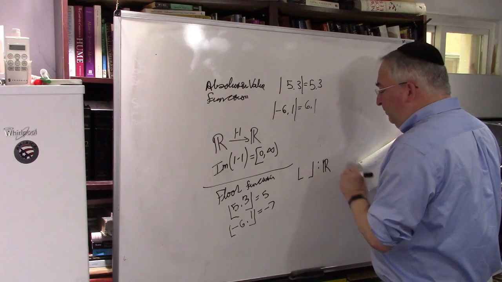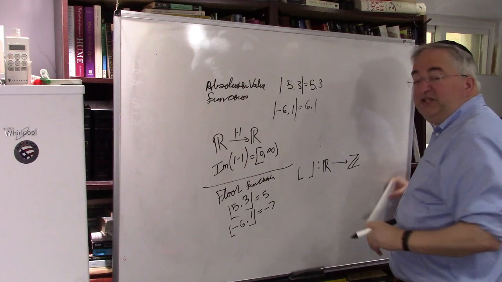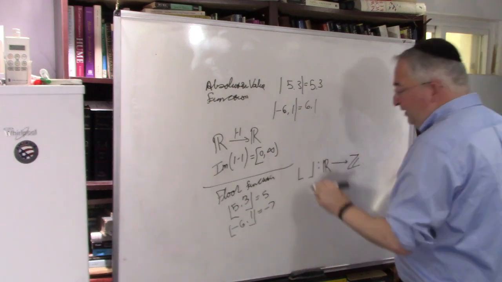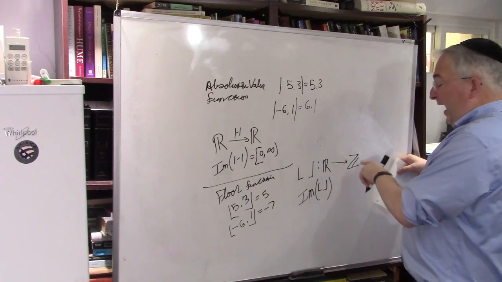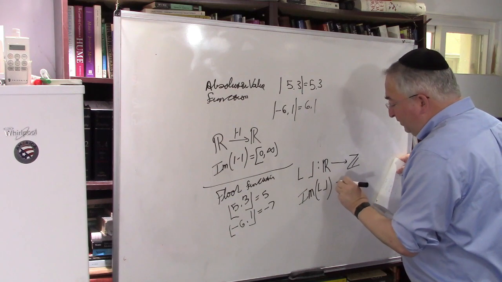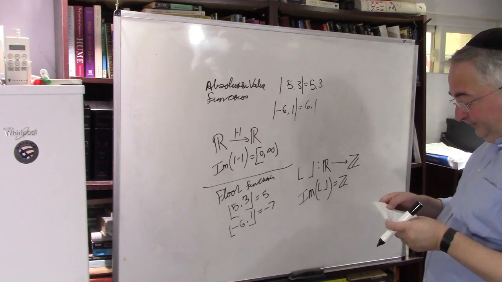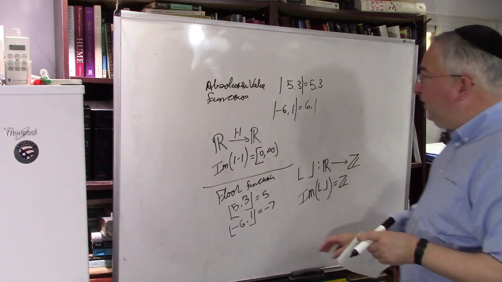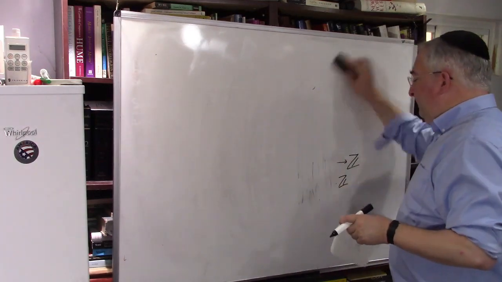It takes any real number as the input, and its output is Z, positive or negative integers. The image of the floor function, well, anything could be seen as the output, any positive or negative integer, so that's Z. So the book talks about this. You're reading the book also. Let's go on.